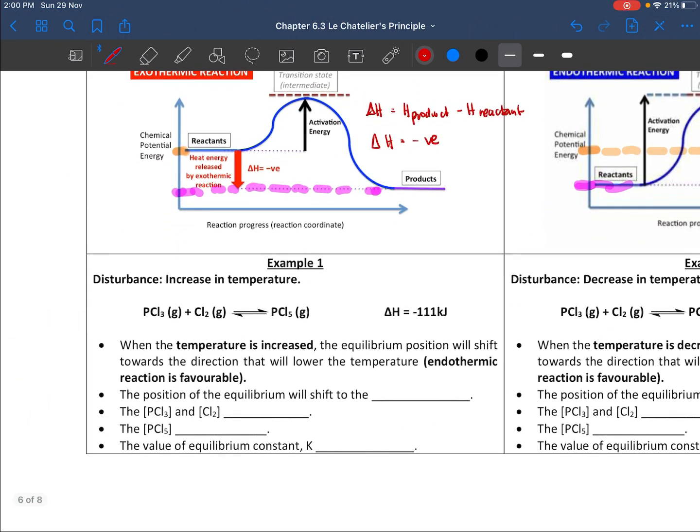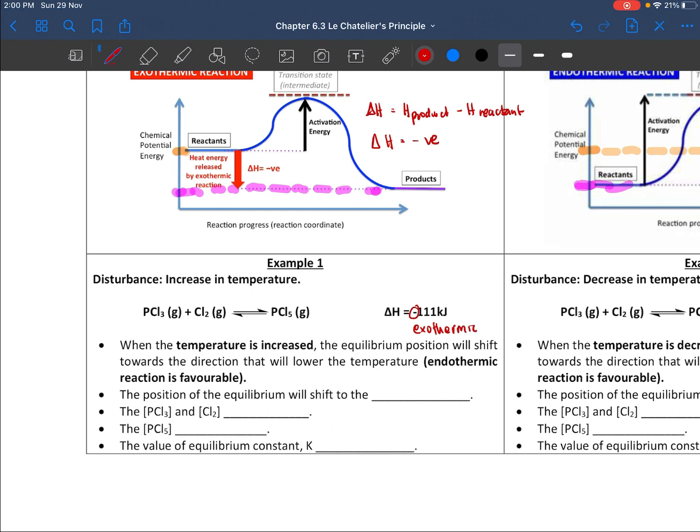Okay, so kita tengok example yang pertama. Okay, so the first example adalah disturbance saya adalah increase in temperature. That means this system dah equilibrium dah, lepas tu saya increasekan the temperature of the system. Okay, and this reaction, okay, this system adalah exothermic reaction. Okay, kenapa saya tahu? Sebab saya tengok nilai negatif je. Negatif maksudnya exothermic reaction.